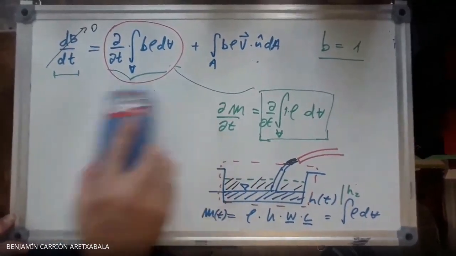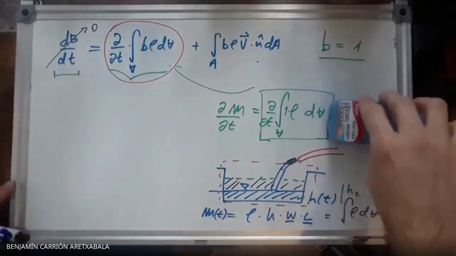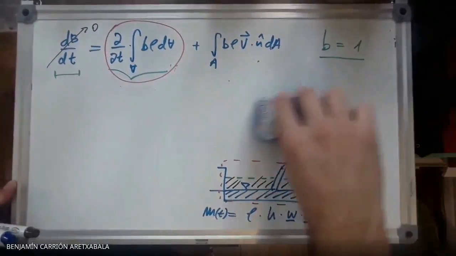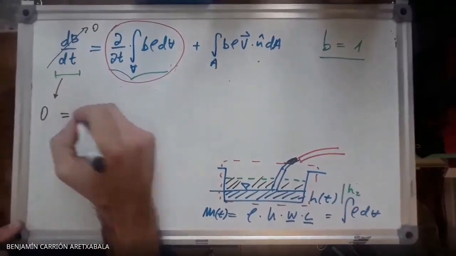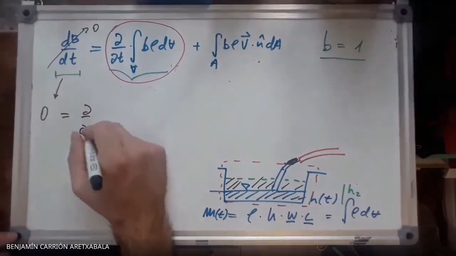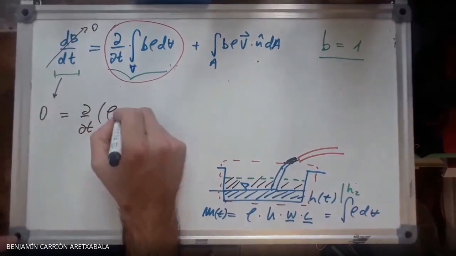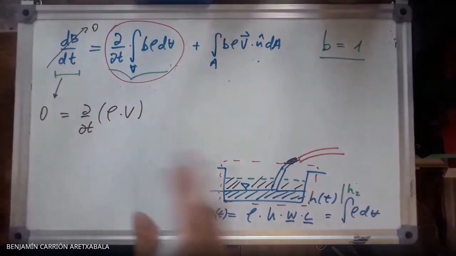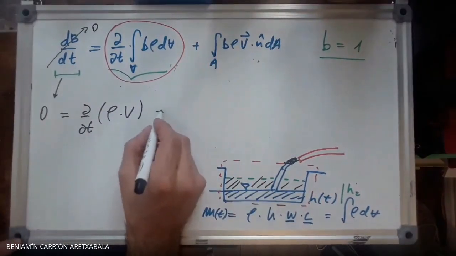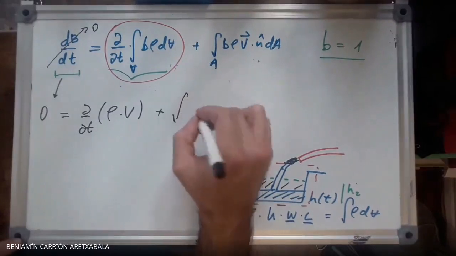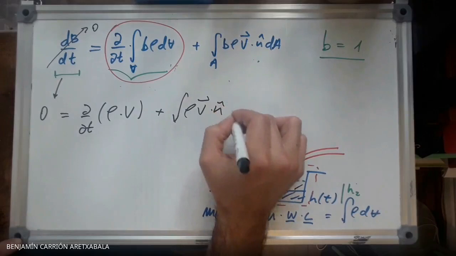So basically, if we're talking about mass, let me just simplify this a bit. Again, this guy has to be zero. This is just the derivative of rho times the volume of whatever water fluid is in here, and this is the fluxes along your boundaries.